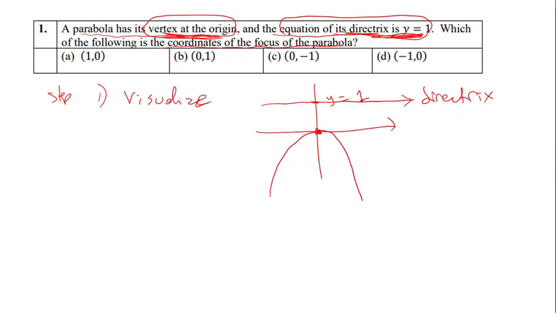So if it is the parabola, then we know about the focus. If the directrix is at 1, then the focus will be just symmetry of it, I mean, its reflection through the x-axis.